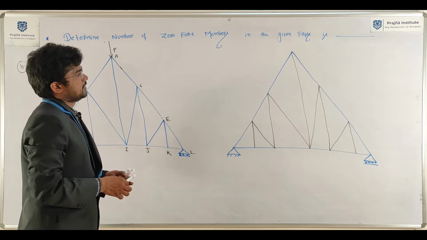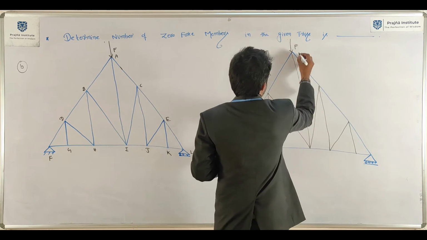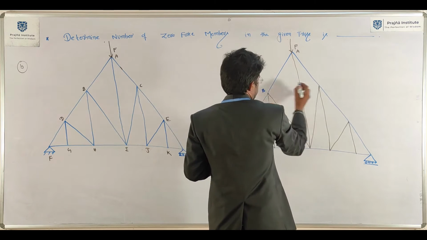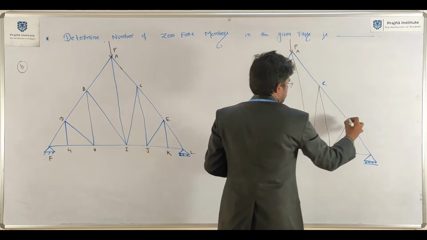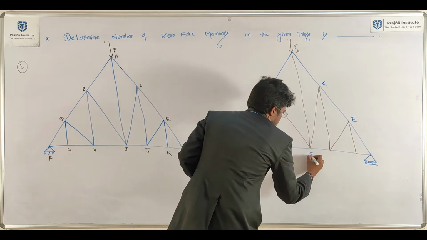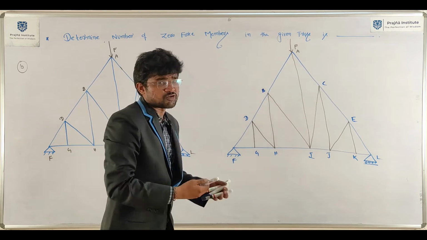Clear now? And load acting at this point, it is F. A, B, C, D, E, F, G, H, I, J, K, L. So now start from one end.